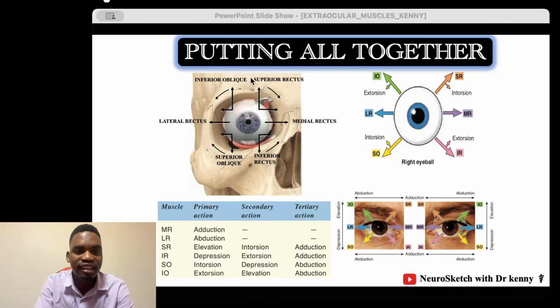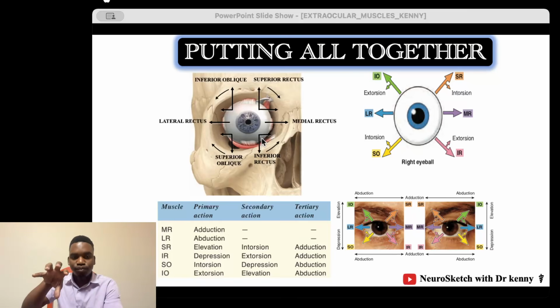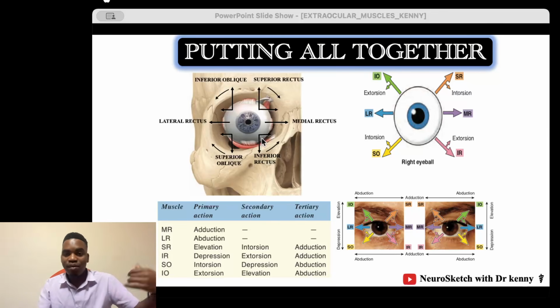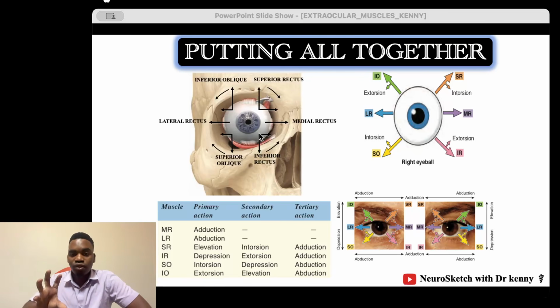But the inferior rectus will depress the eyeball, laterally rotate, which is extorsion, and also adduct. Remember the previous video. And the superior oblique, which we've just seen today, will do medial rotation, the intorsion, depression, and abduction.